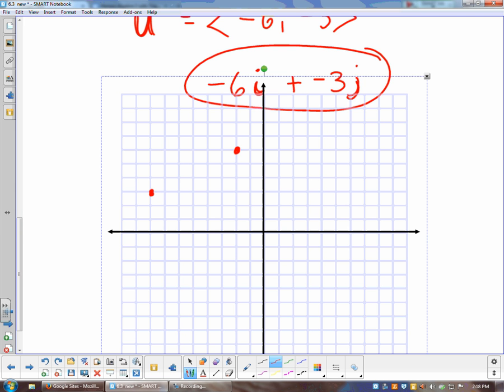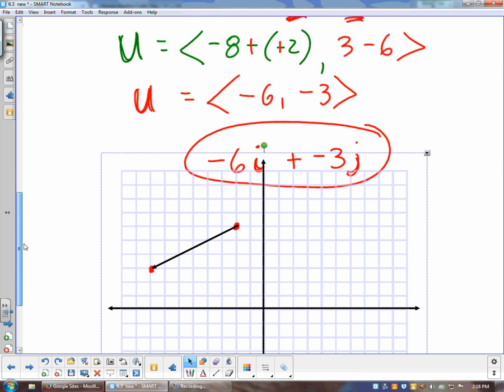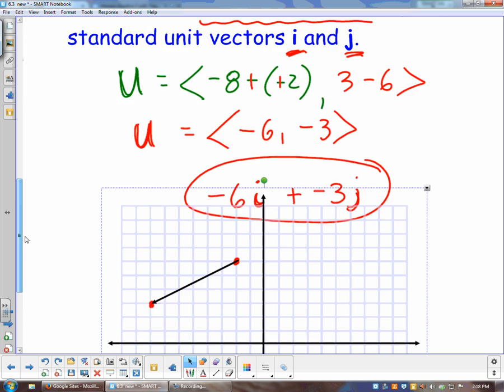So this vector looks like this. All right, there's my vector that goes from -2, 6 to -8, 3.